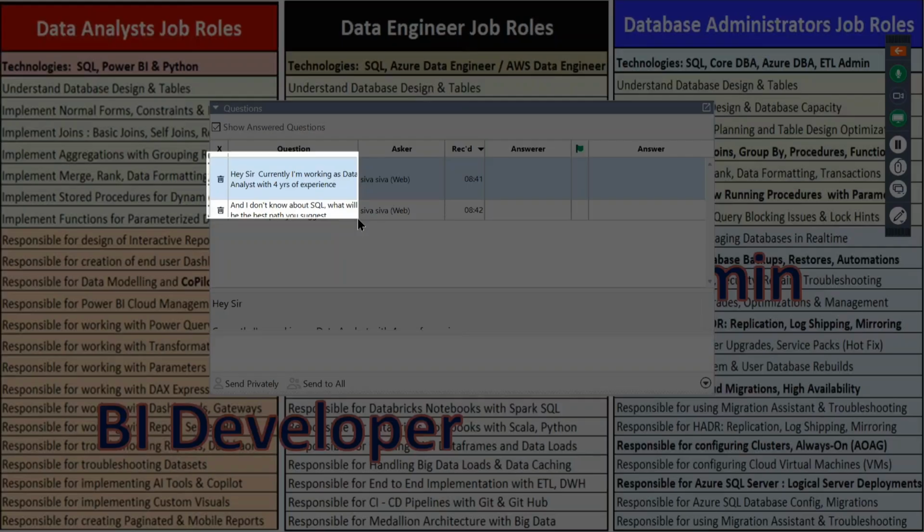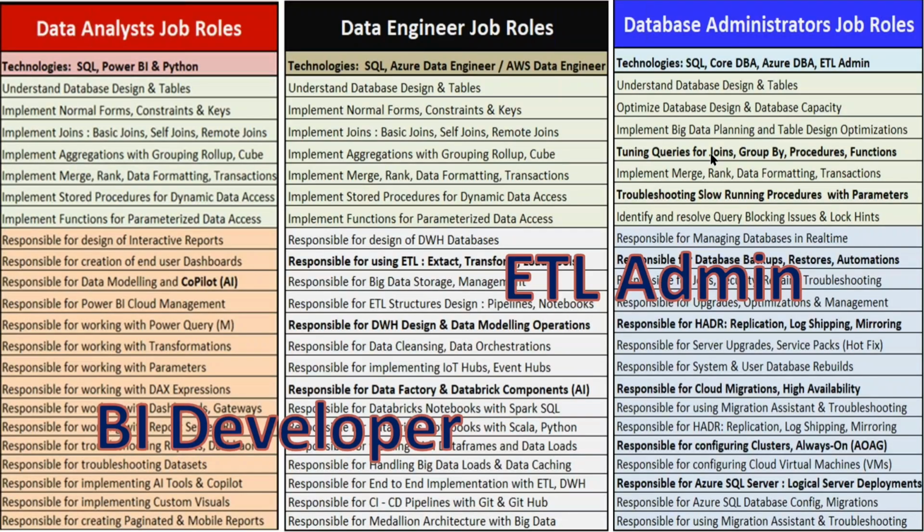I strongly recommend you go for Fabric Data Analyst, Shiva. SQL plus Fabric Data Analyst, the complete Fabric Data Analyst course. It has SQL, AI, Copilot, data analysis with certifications. For your profile, that is my kind recommendation for you, Shiva. Next question, please. I'll wait.